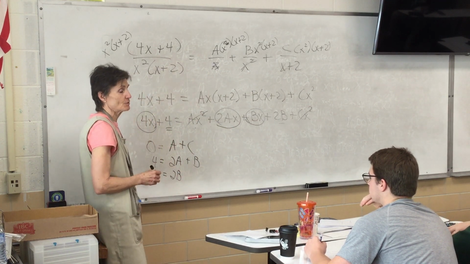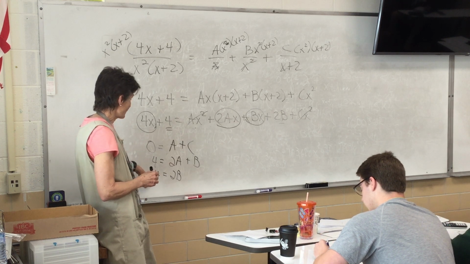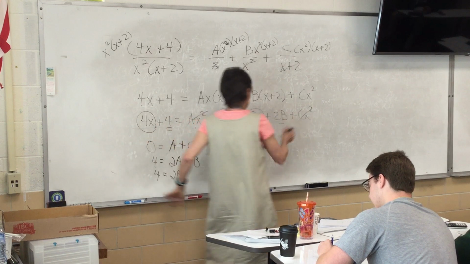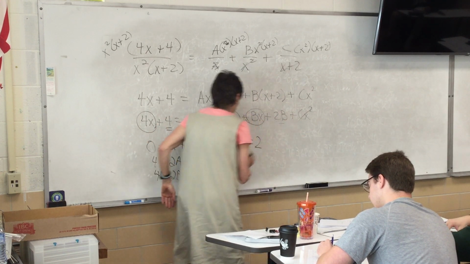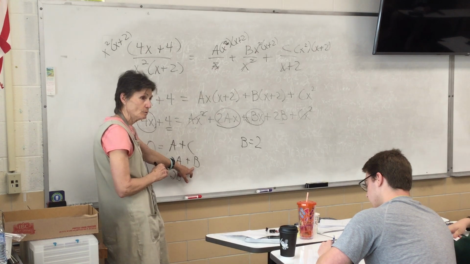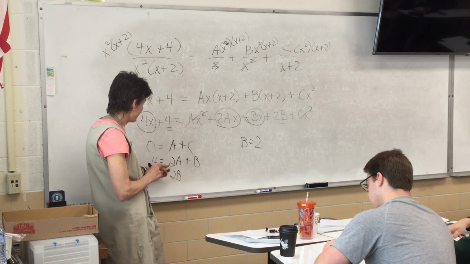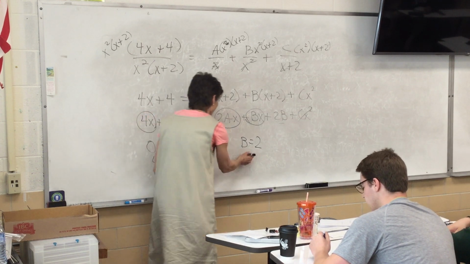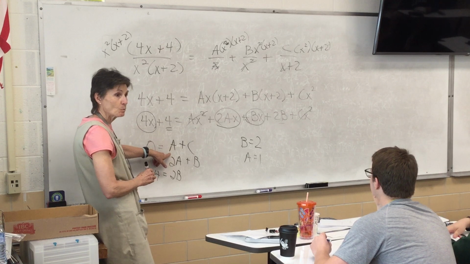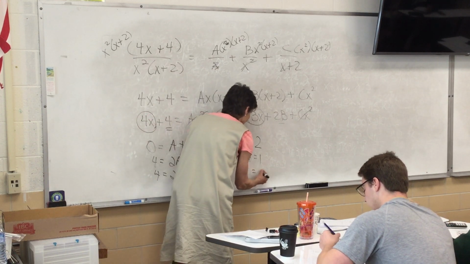This is what happened yesterday. This is wonderful, because what does this tell me? B is 2. And if B is 2, then A must be 1. And if A is 1, C is -1.